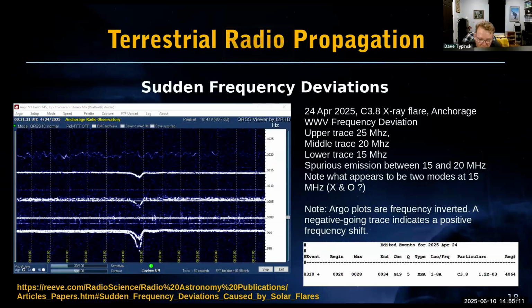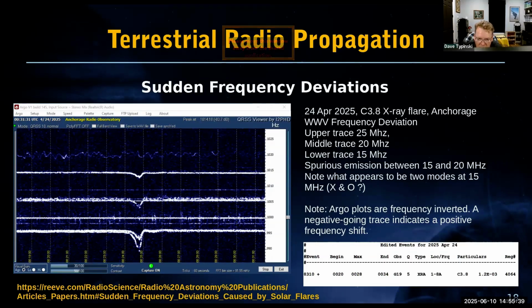The most important is the height of the reflection layer. As that layer gets lower, you'll see a momentary increase in frequency. And on this plot, the way that software Argo plots things, a negative going trace is actually an increase in frequency. So think of it as a decrease in wavelength.